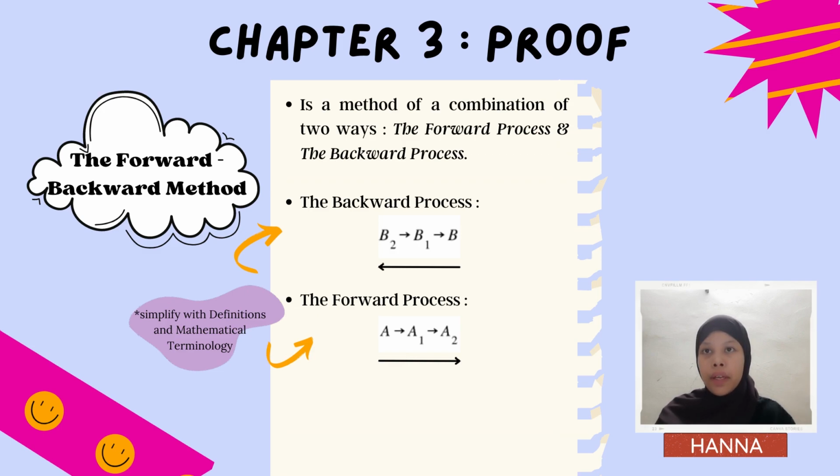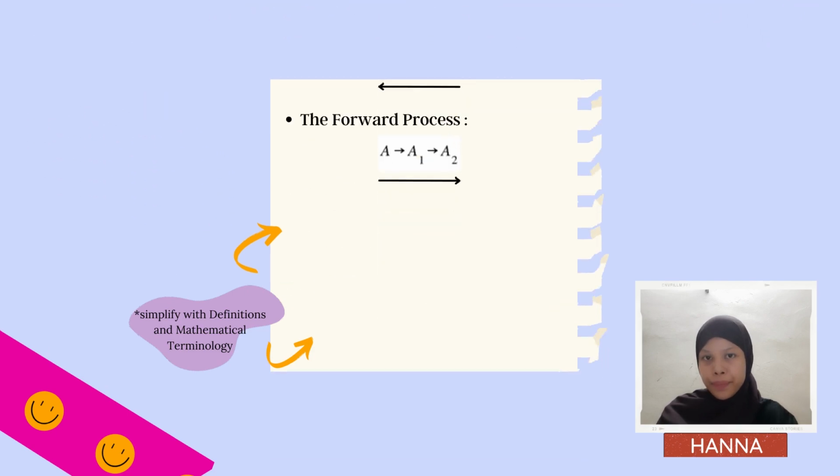We will identify the hypothesis and let it be A, then simplify the statement into a mathematical statement. For each step that we have simplified in each process, we will symbolize the steps such as B1 for the first step, then B2 for the second step for the backward process, and same goes for the forward process such as A1 for the first step and A2 for the second step.